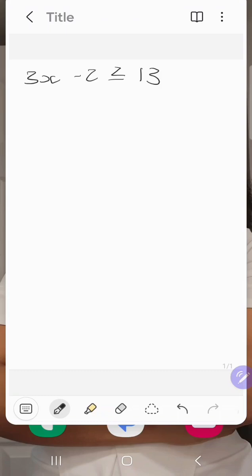The first one that we will be looking at is 3x minus 2 is less than or equal to 13. The first thing that you should consider is to undo the addition or subtraction operation by doing the opposite.